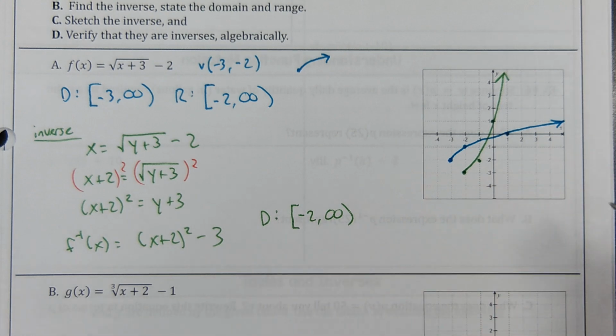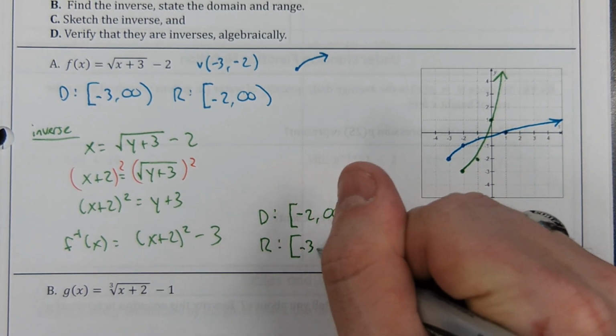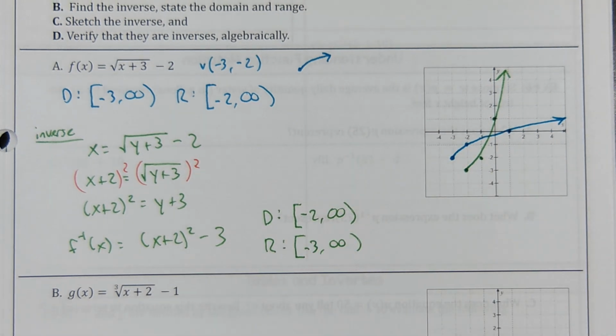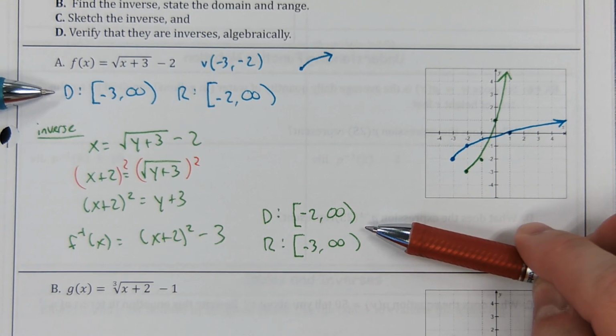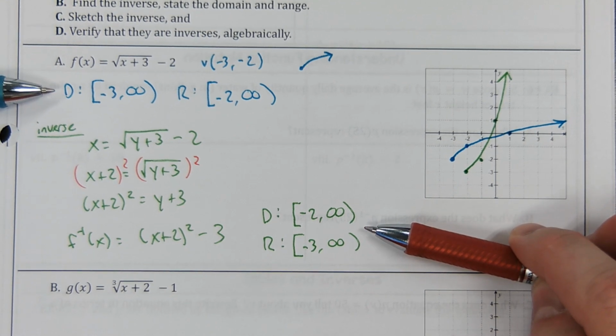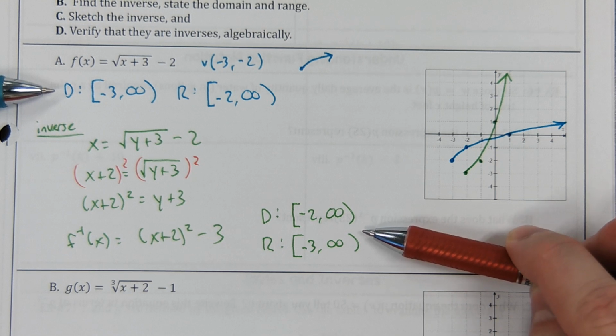Its range is all the numbers above the vertex. Look at that. The domain and the range have switched places.